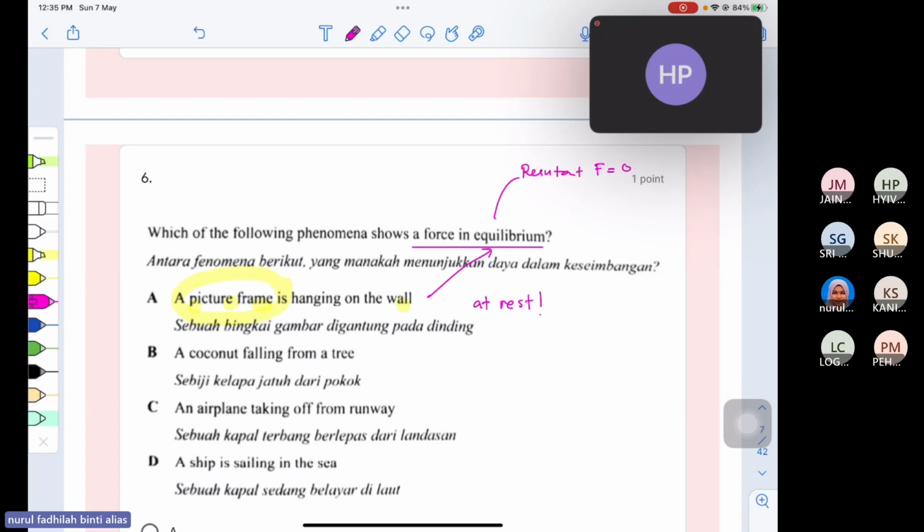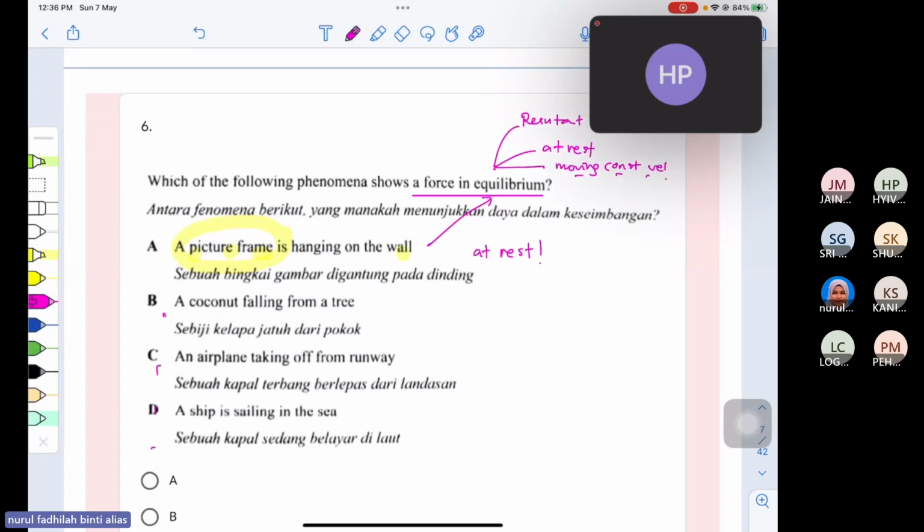Lepas tu kita tahu lagi force in equilibrium maksudnya object at rest. Kalau dia tak at rest, dia moving with constant velocity. Okay. Ada tak dia cakap at rest? Tak ada. Cuma kita fikirlah sebab dia bagi situation. Ada tak dia cerita object moving with constant velocity? Pun dia tak sebut.